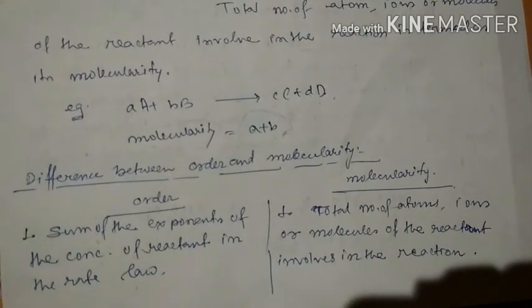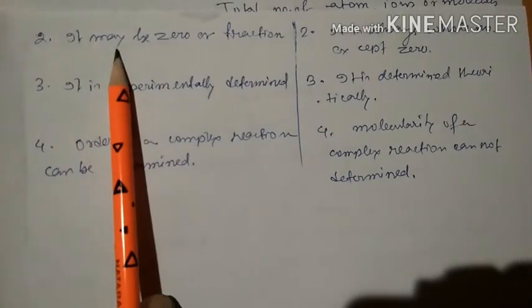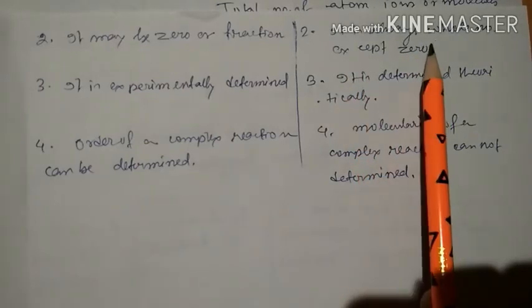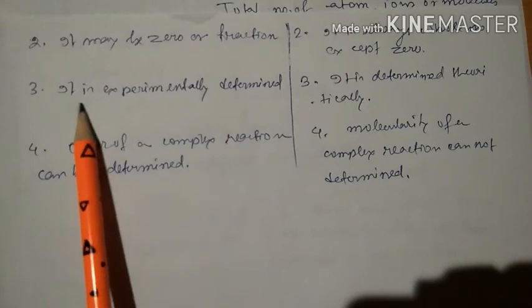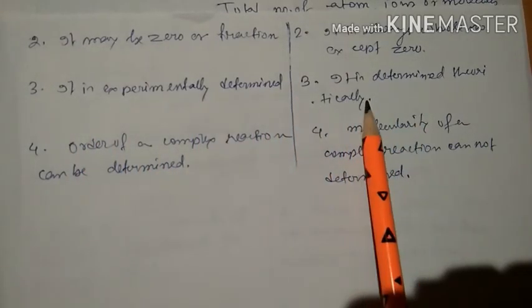Next difference: order may be 0 or a fraction, but molecularity should be a whole number except 0. Order is experimentally determined, but molecularity is theoretically determined.